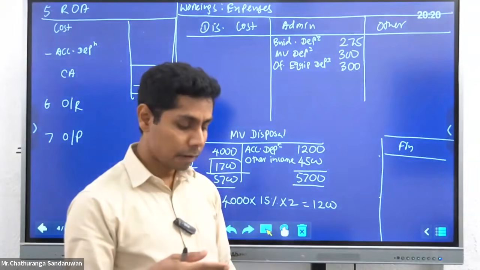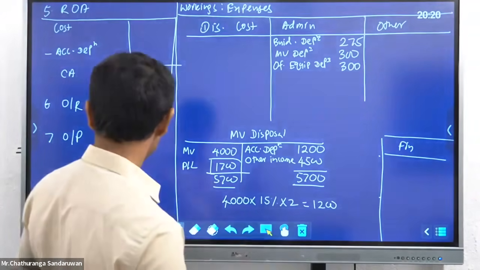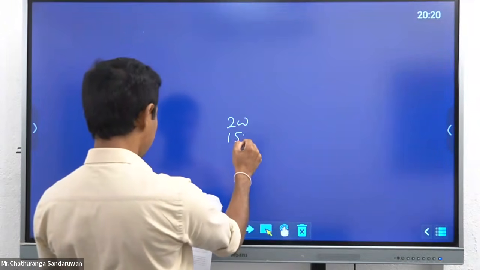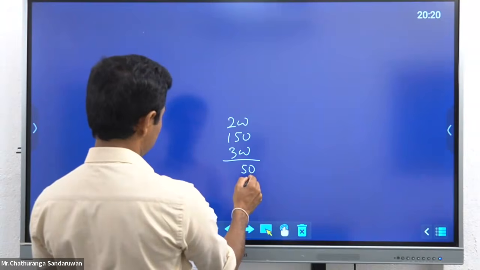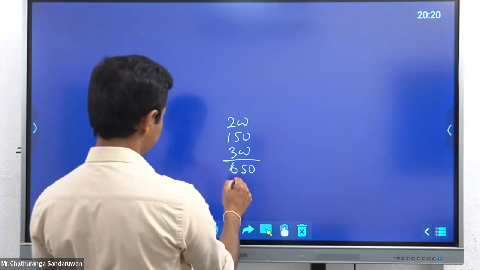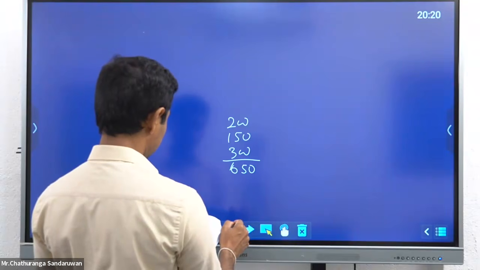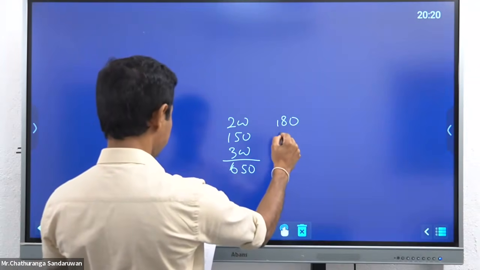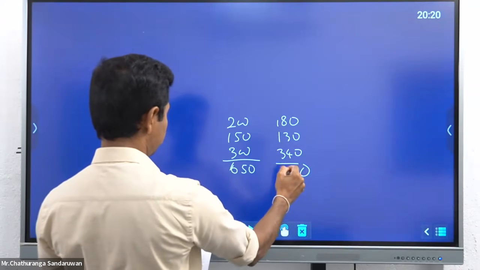Because the cost has been taken to the... how much is the cost? 200, 150, 300, 50, 650, right? So NRV total is 180, 130, 340, 0, 11, 5, 650.